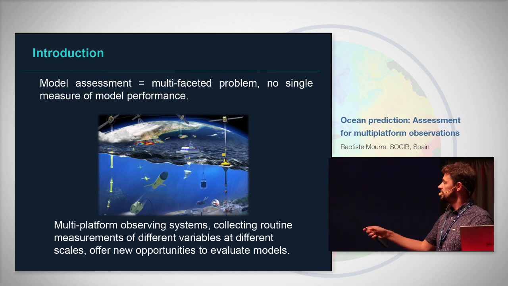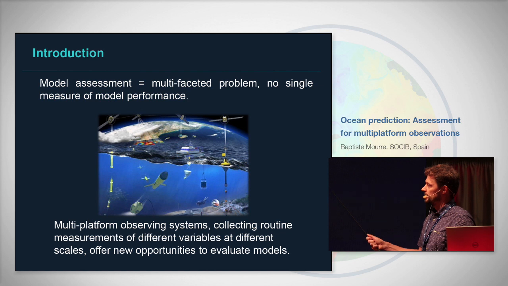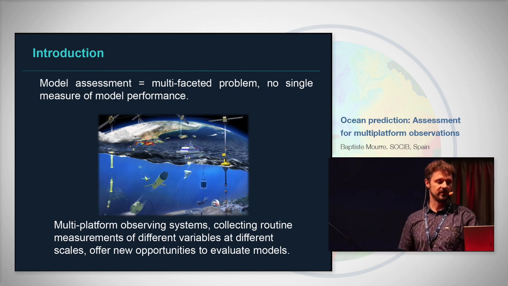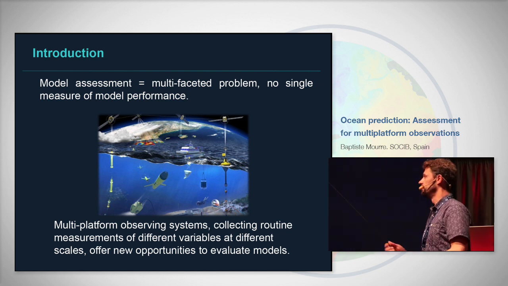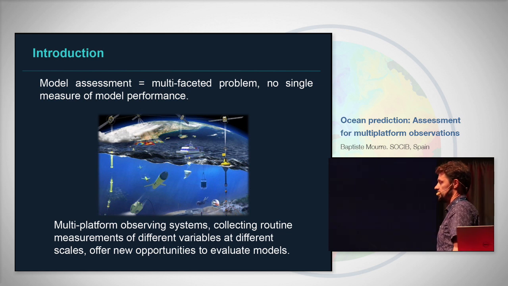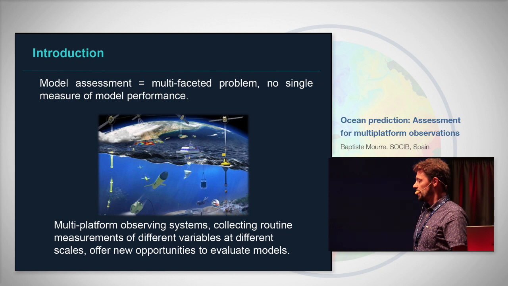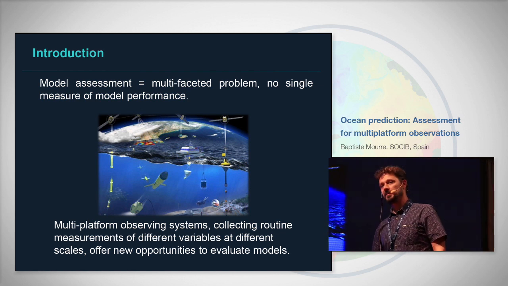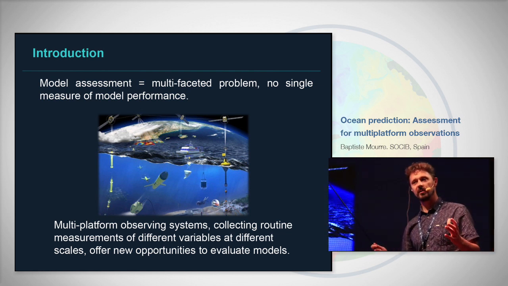Just to sum up this first introduction, it's a multifaceted problem, and there is no single measure of model performance. It will be a multi-dimensional problem. In this respect, we will consider how the multi-platform observing system, which is modern oceanography, can help.